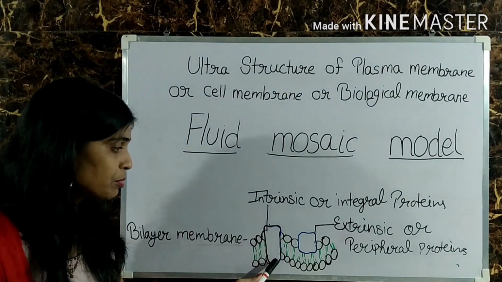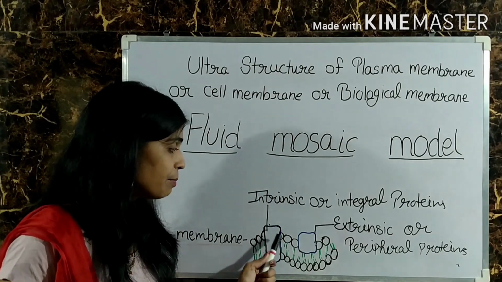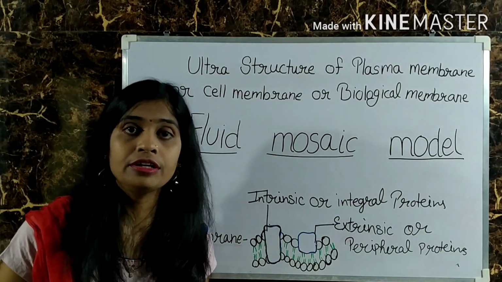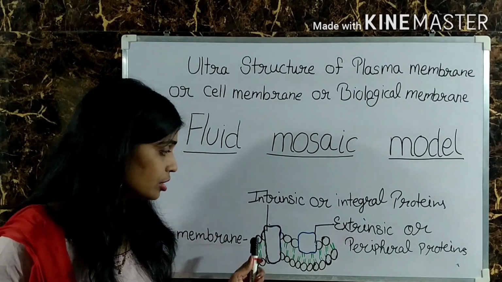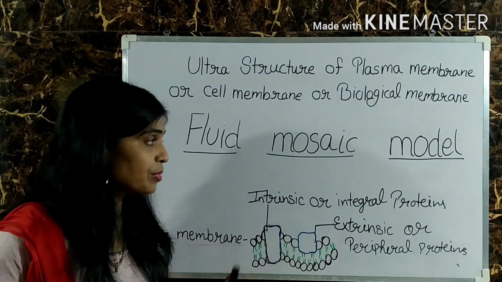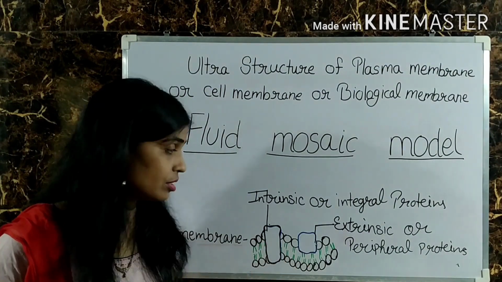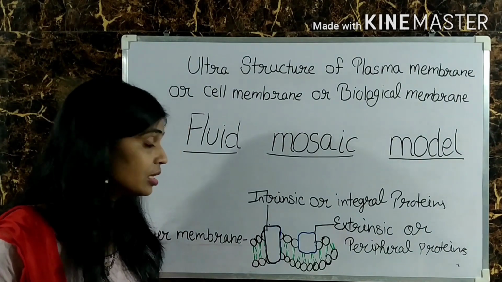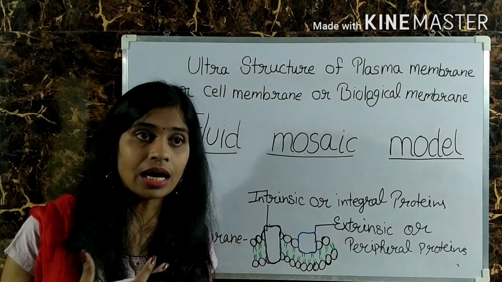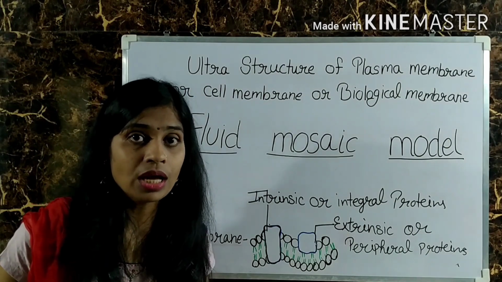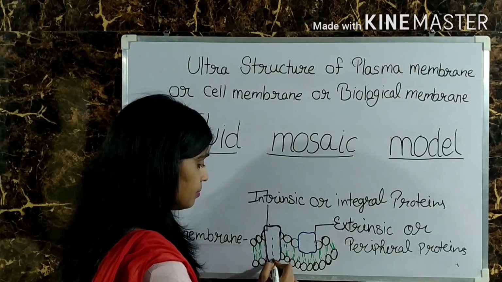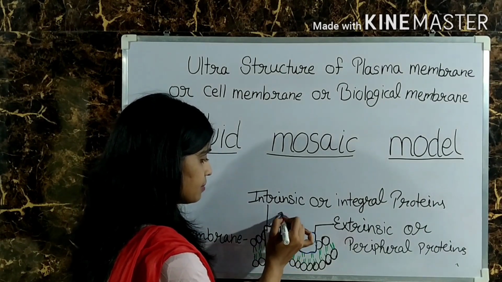The intrinsic proteins are bound with the bilayer. They help to do different functions in the plasma membrane. They provide flexibility and also help to transport water-soluble ions through the pores present in the proteins.